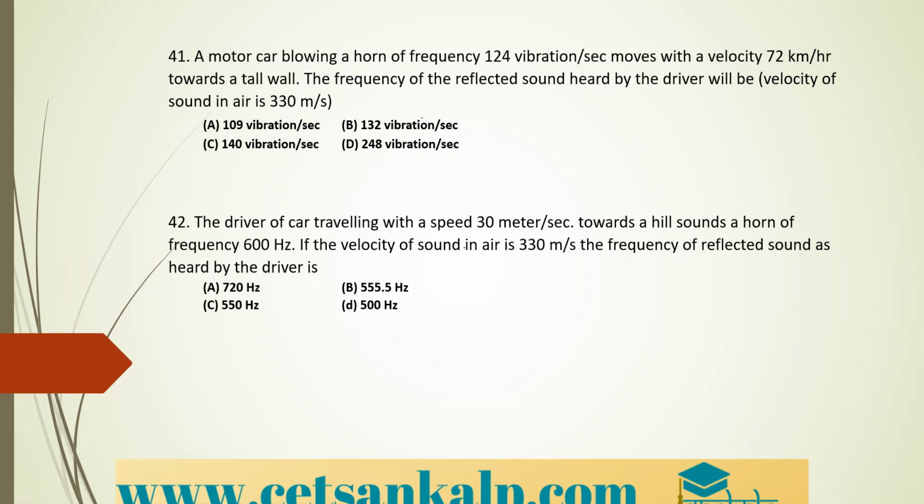Okay, so how can we do this? In the given condition, a source and the listener are at the same position. Here the source and the listener, that is the horn and the driver, are at the same position.